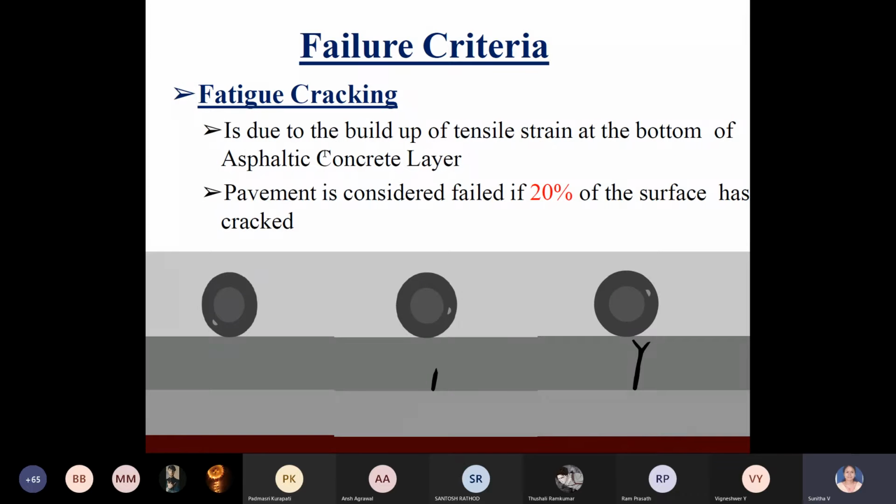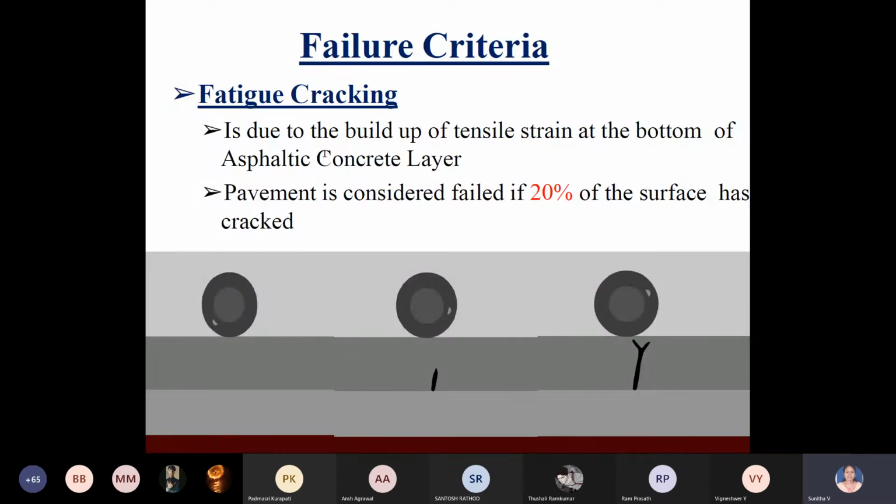But if you are applying this 100 or 1000 times, sometimes damage can occur. That is fatigue cracking. So even though the load is less, if you are repeatedly applying it many times, cracks can occur. That is called fatigue cracking.